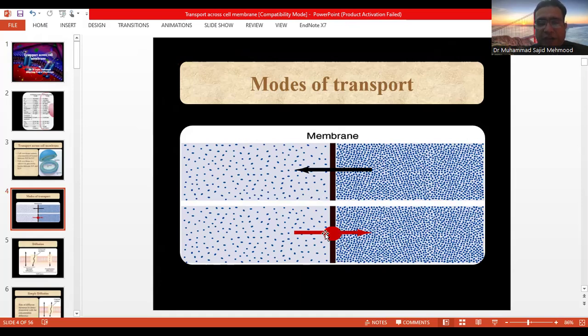While with the help of a carrier protein, the molecules can even move from lower concentration towards higher concentration by active transport, and carrier proteins are also used in passive transport in some cases, as we will be studying later.